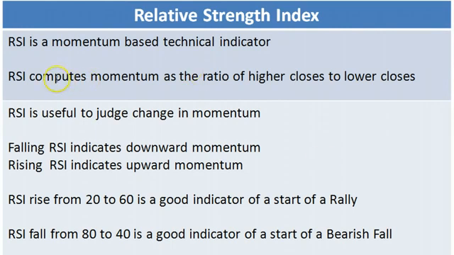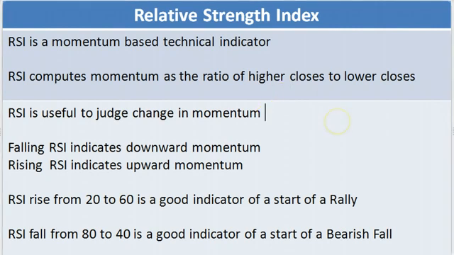So when you're looking at the RSI, you need to understand that it's a momentum based indicator, and the number will vary between 0 to 100. Any number closer to 100, or at the higher side, indicates a higher momentum in the particular period. And typically the default value that is used is 14.